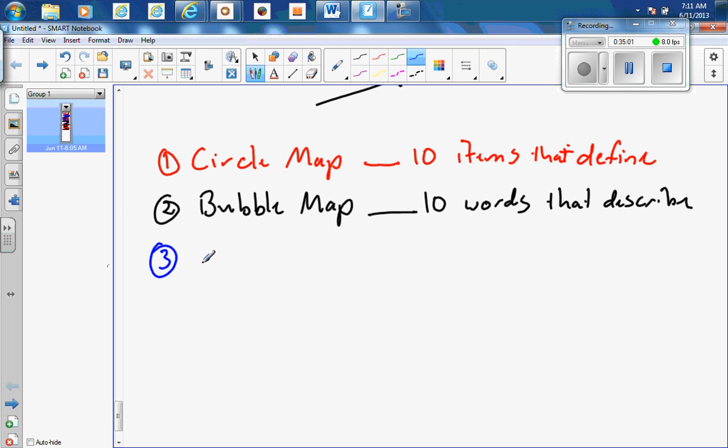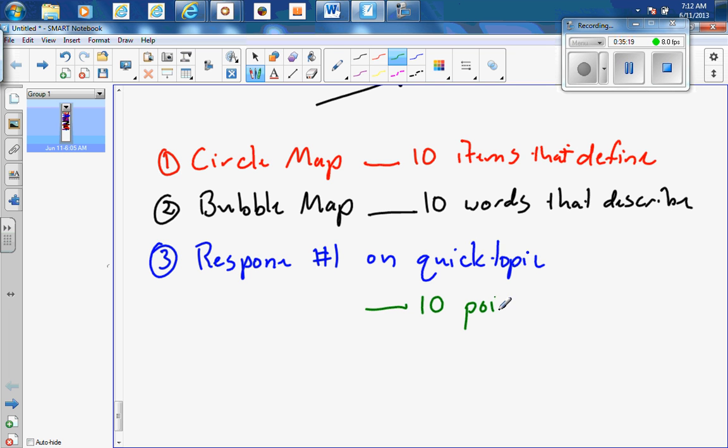Number 3 is response number 1 on quick topic. And you're going to get 10 points on this, but there's some rules to it. 10 points based on thought and right grammar.